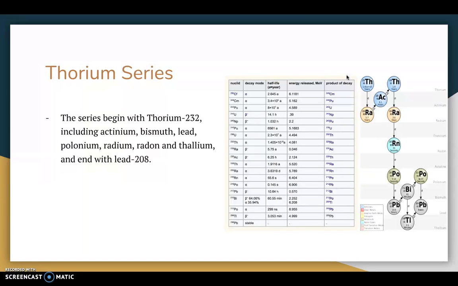The series begins with thorium-232, including actinium, bismuth, lead, polonium, radium, radon, and thallium, and ends with lead-208. Basically, you can see from the chart that it has both alpha decay and beta decay. It also releases energy during decay.